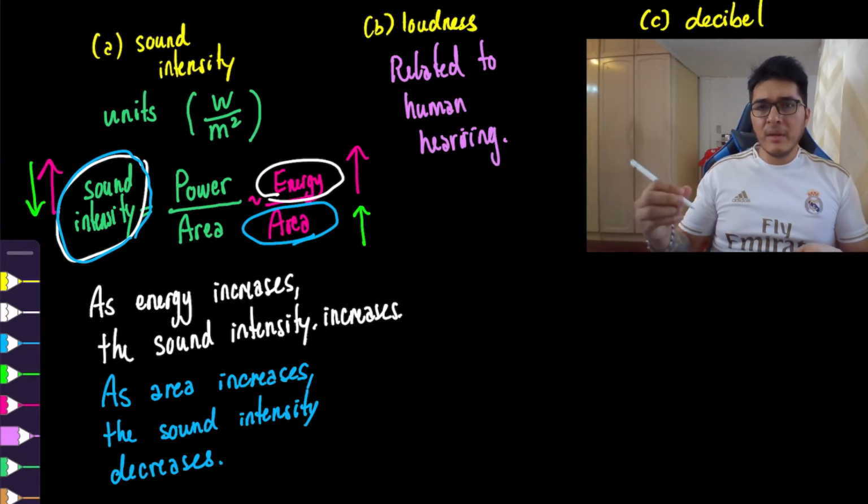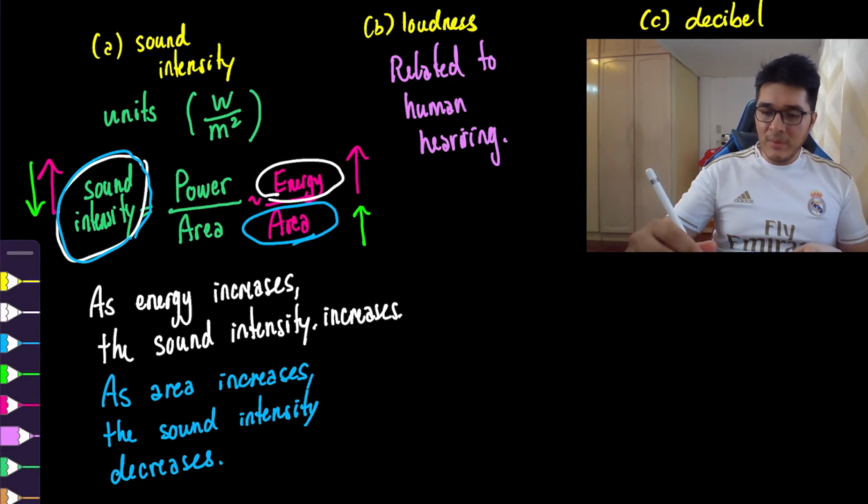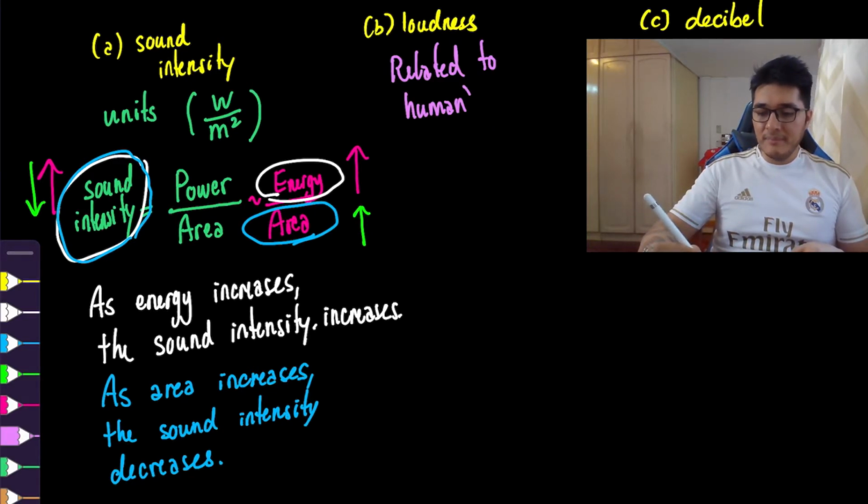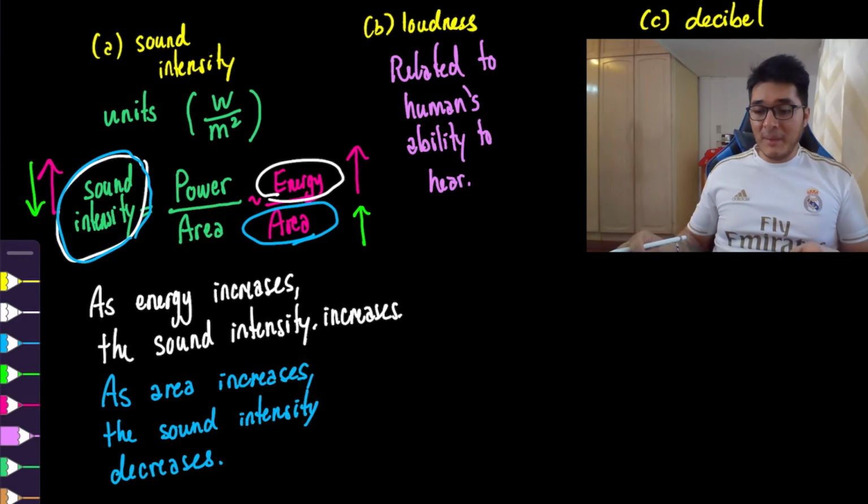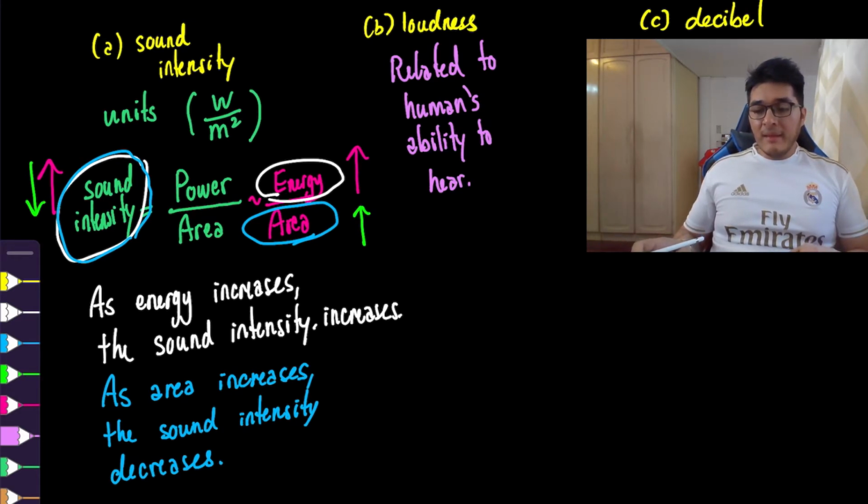I think I might have spelled hearing wrong. I'm not sure how to spell that, so you have to forgive me. Human's ability to hear. There, that's one sneaky way around that. And loudness is looking at a measurement of sound intensity.